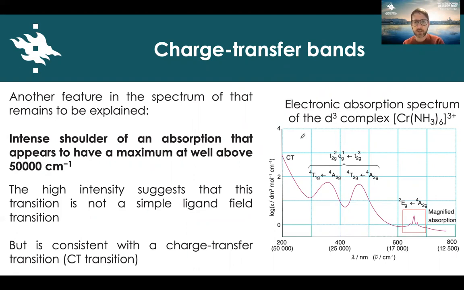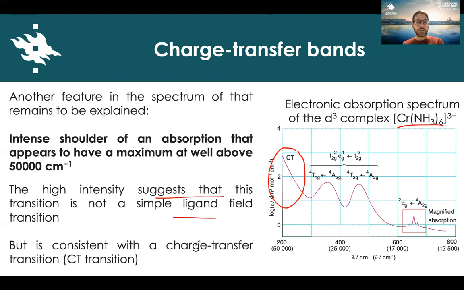And then another feature that remains to be explained is this intense shoulder in absorption, for example, that we saw for this complex having d3 configuration. So this high intensity suggests that this is not a simple ligand field transition, so it's not electronic transitions between the levels of the metal.